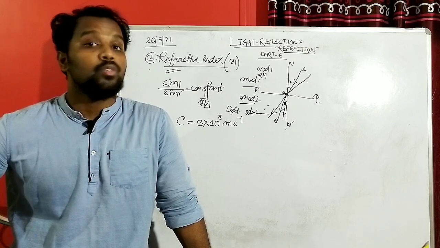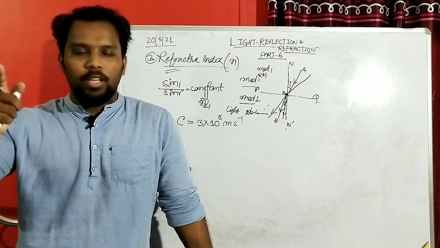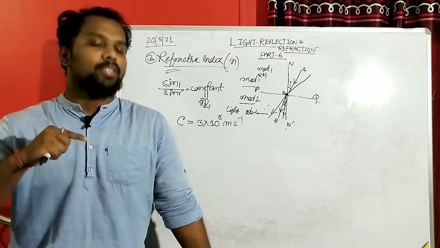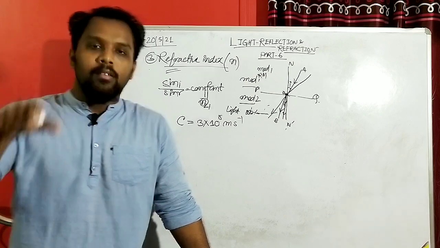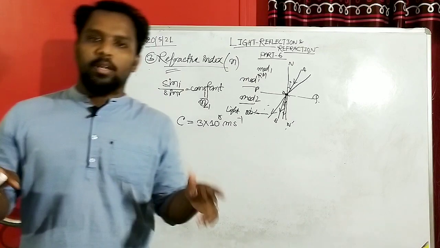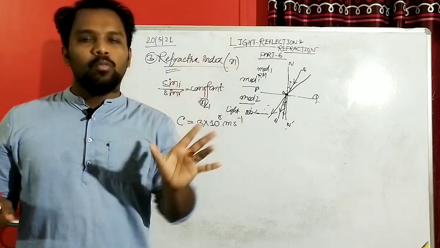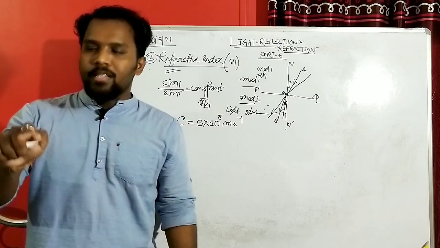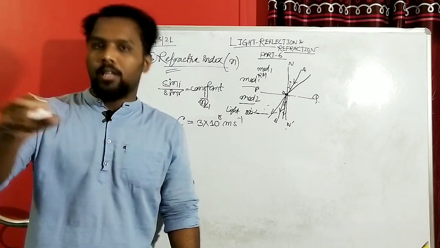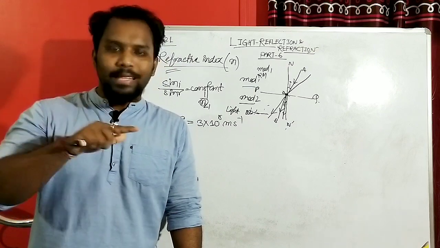That means your velocity is going to change. If the traffic is uniform, you just have to imagine it to understand these things, you are going to move at a lesser speed. If 80 km per hour was the high speed, now you have to move at a slow speed, like 30 km per hour. You will pass through that traffic at 30 km per hour. That means your speed changes, right?